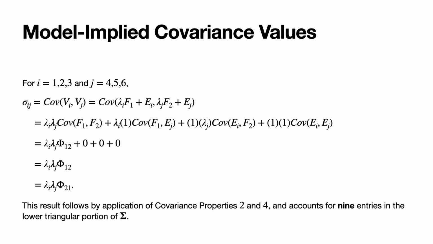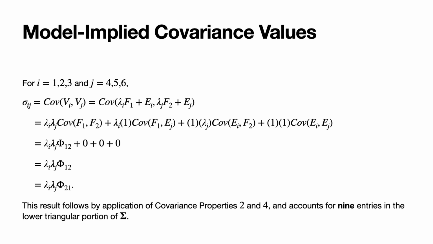Now this is equal to lambda sub i times lambda sub j times cap phi sub 1,2, because cap phi sub 1,2 is the notation that we're using for the covariance of f1 and f2. And all of the other terms are 0 because the covariances of the latent constructs with the error terms and the covariances between different error terms are all equal to 0 by assumption.